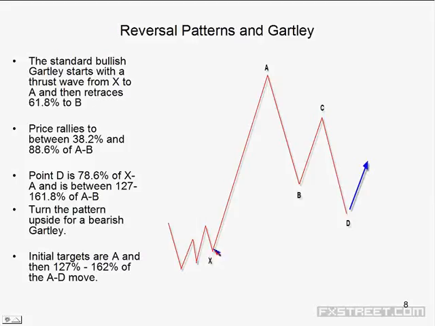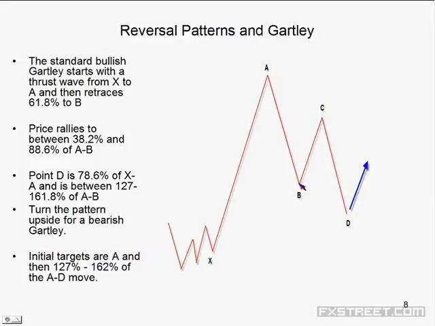We'll use the standard notation here, which starts with an X. Price then moves up smartly to A. It then retraces down to somewhere around 61.8. It doesn't have to be spot on, but that region of 61.8 is the ideal Gartley pattern retracement here.